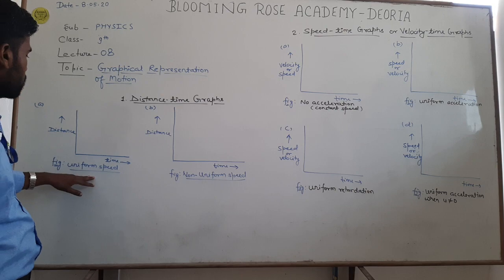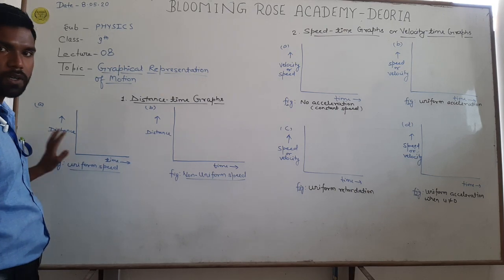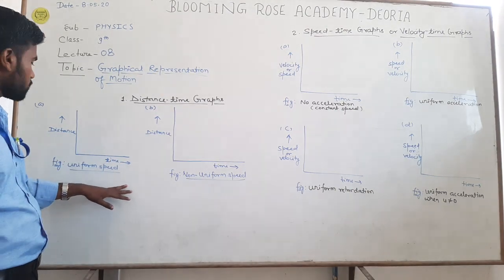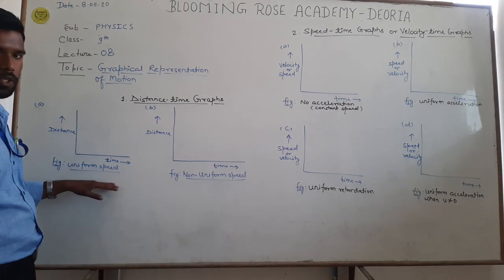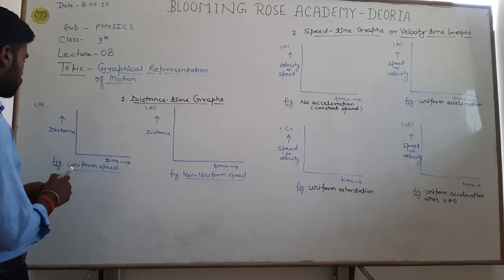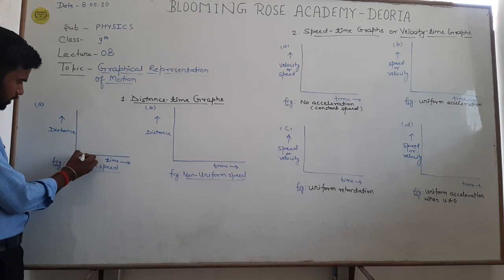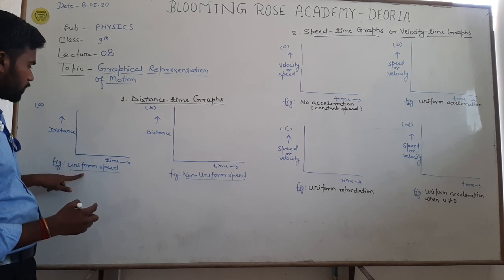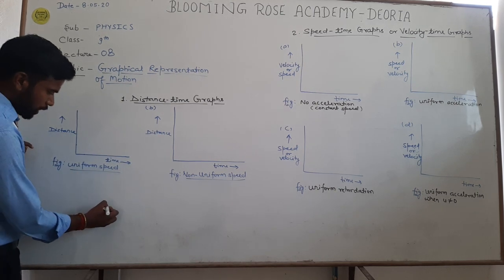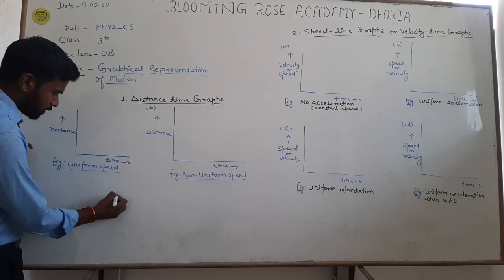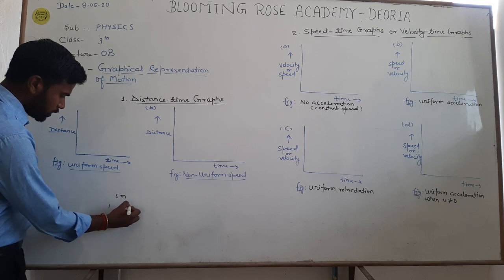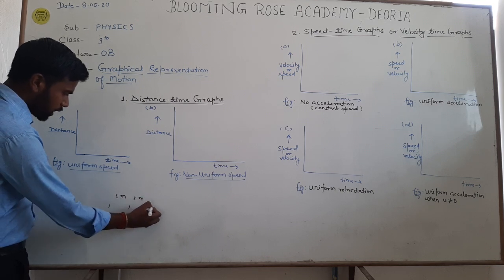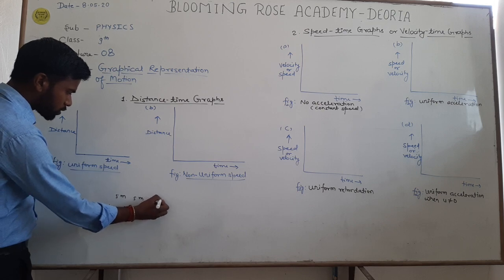What is uniform speed? When a body covers equal distance in equal intervals of time, then it is said to be in uniform speed. In the previous lecture on uniform speed we drew a figure: in 1 second 5 meters, next 1 second 5 meters also, and next 1 second 5 meters also.